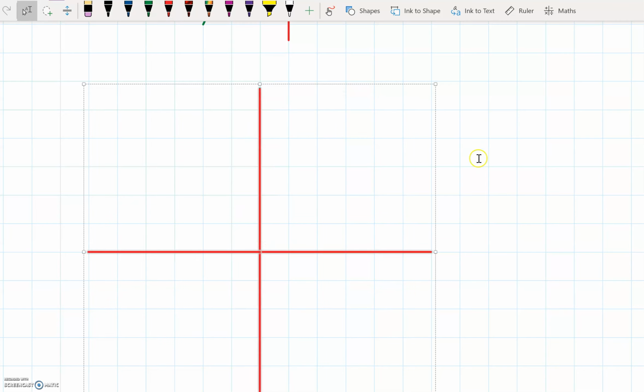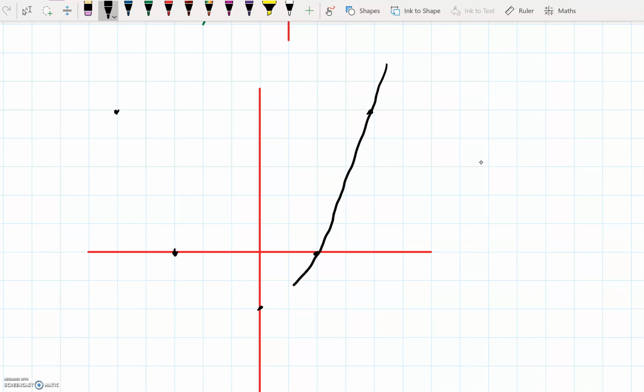Let's just draw one. I don't care what the function is at the moment, I just want to have a look at what happens with it. So let's make it go through this point here and this point here, this point here, and we'll just go through these here. So this is going to be our quadratic function.